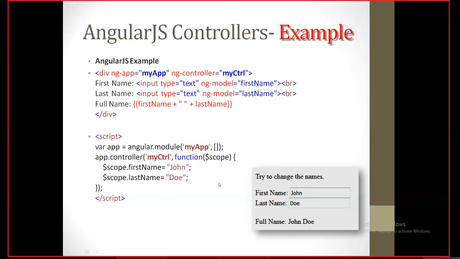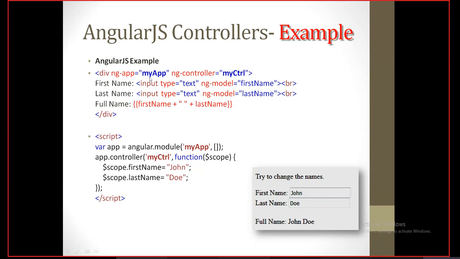Now what this scope means, we are accessing the data variables from this myApp application module. That is the scope. Understood? So $scope.firstName means first name for which application?